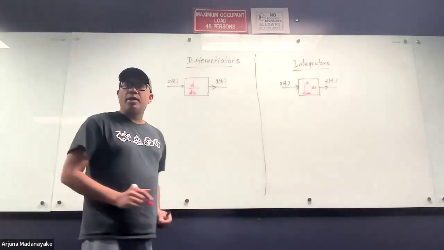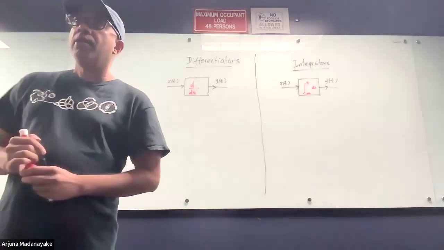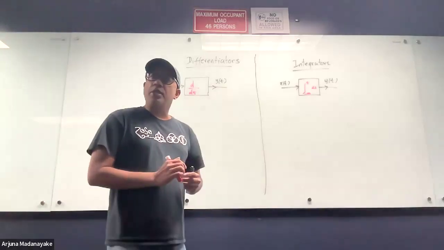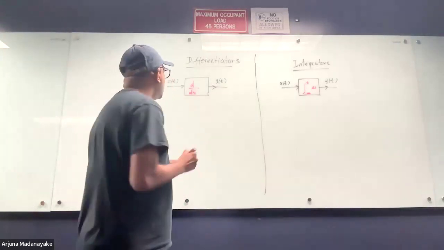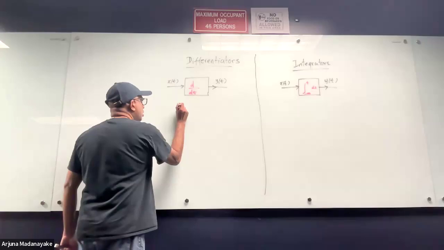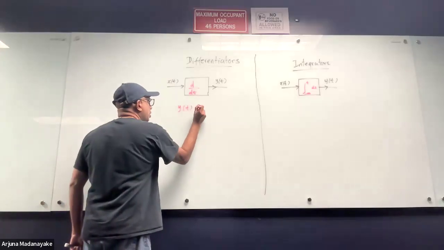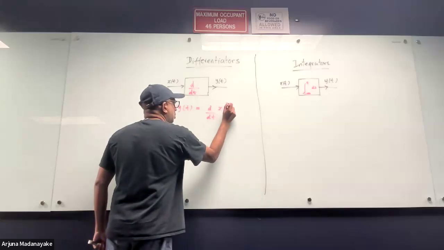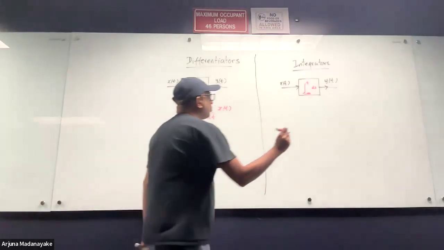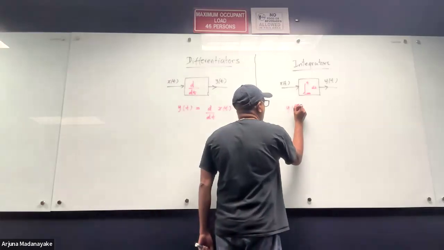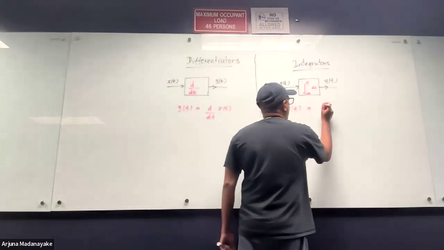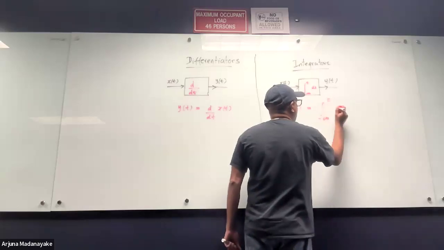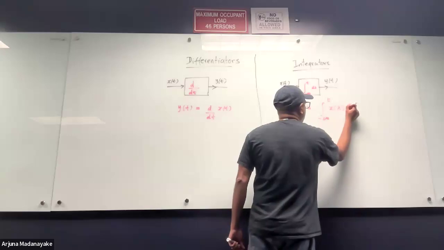So what this does is that whatever the input signal x of t, it finds the differential coefficient as a function of time, right? So this implements the function y of t is equal to d over dt x of t. Here it implements the function y of t is equal to the integral of x of lambda, where lambda is a dummy variable.